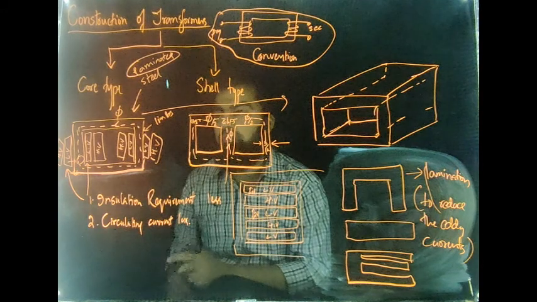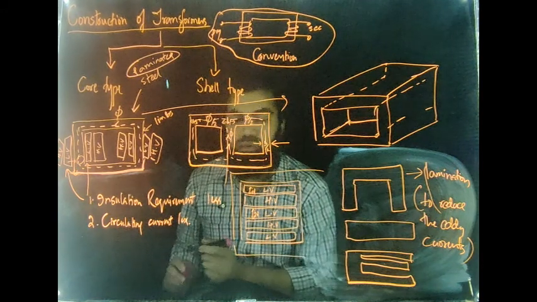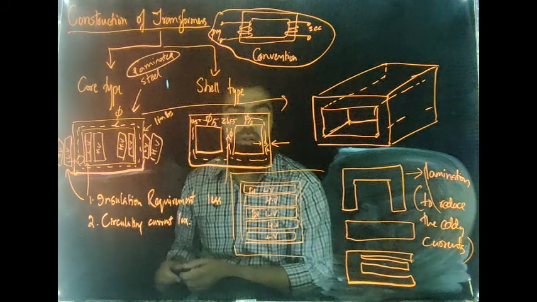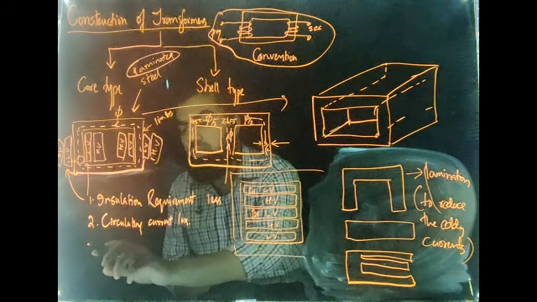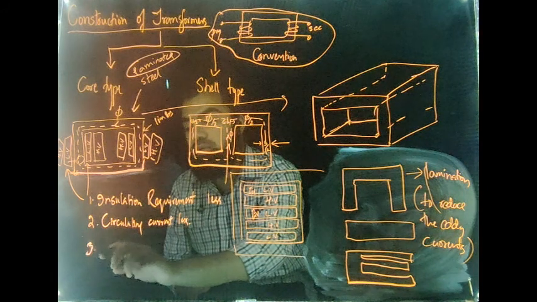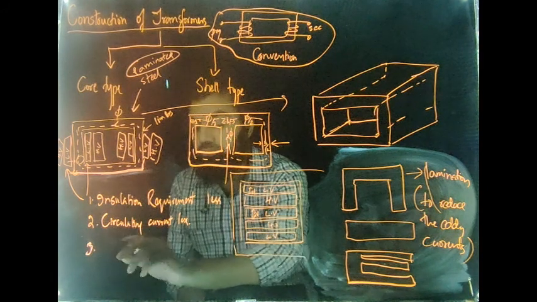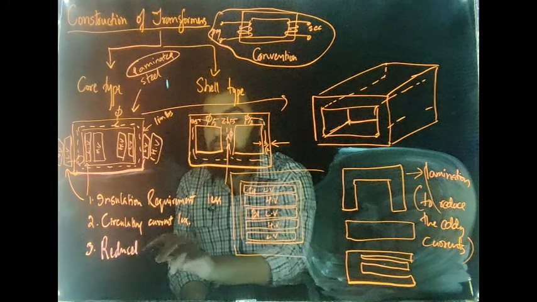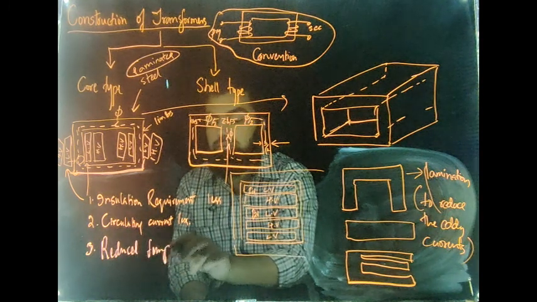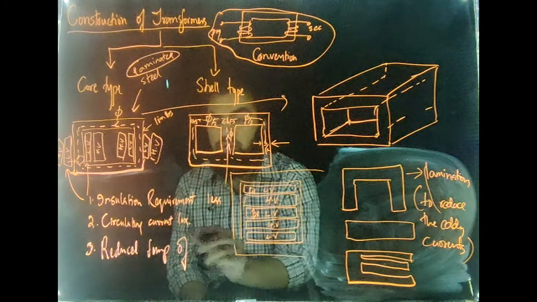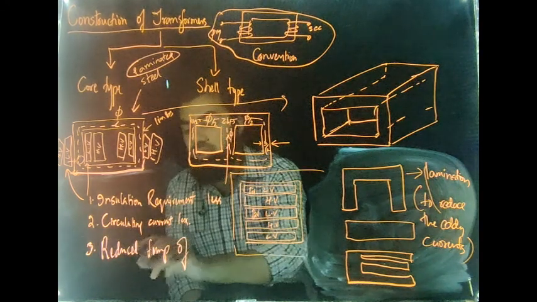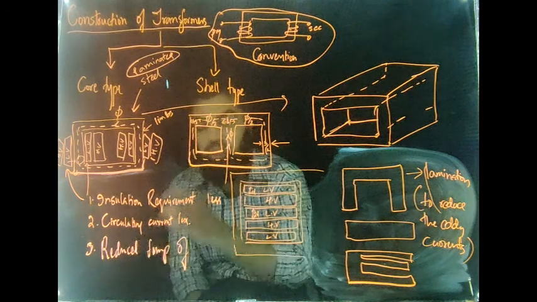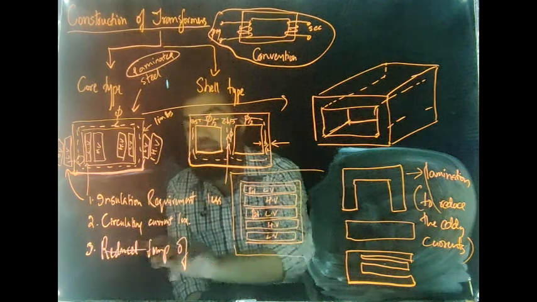This manner of winding reduces the insulation requirement, and you can say it provides better regulation of temperature in the core.